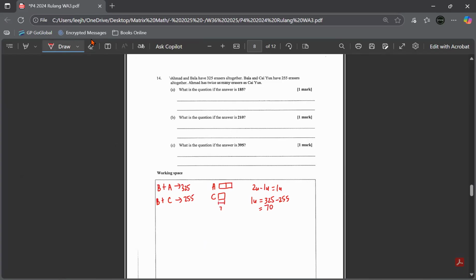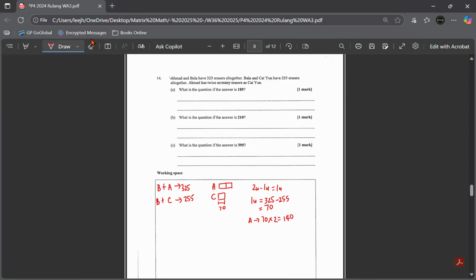So Cyrene has 70. If Cyrene is 70, we can find Ahmad. Ahmad is 2 units. So 70 times 2 is 140, right?